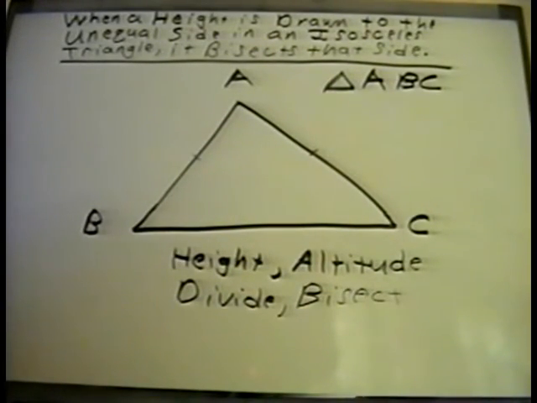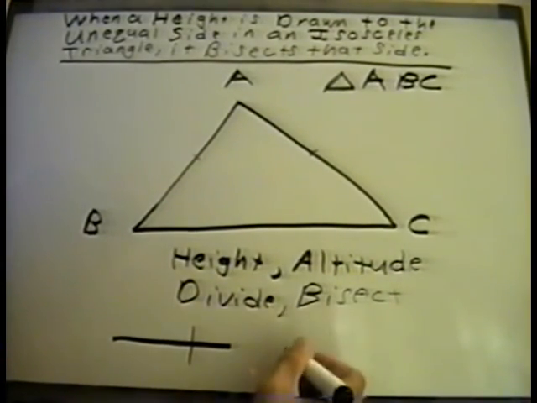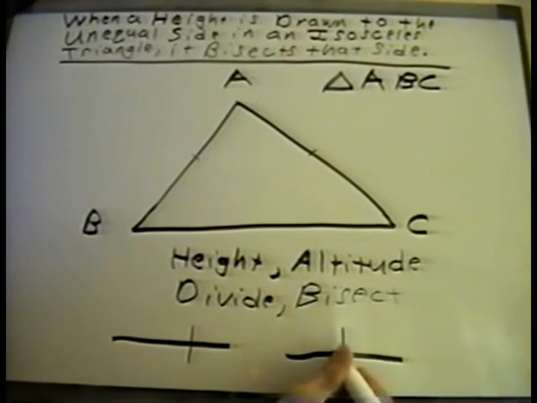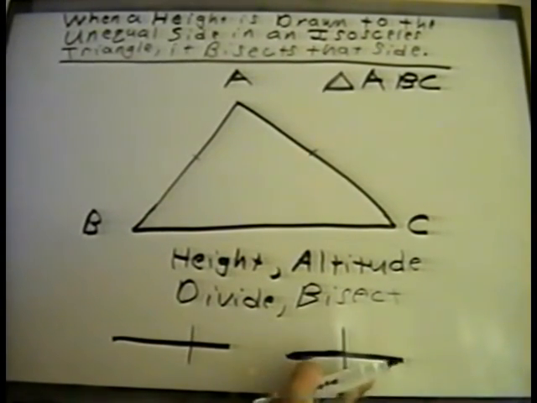You can divide a line. For example, here I divided this line, and here you can say I more or less bisected the line.